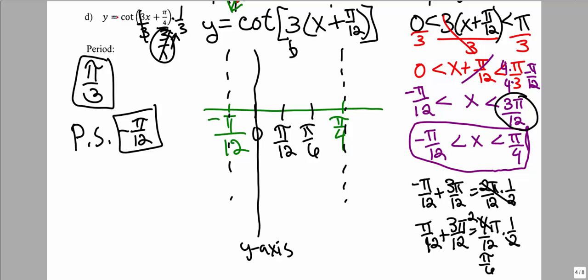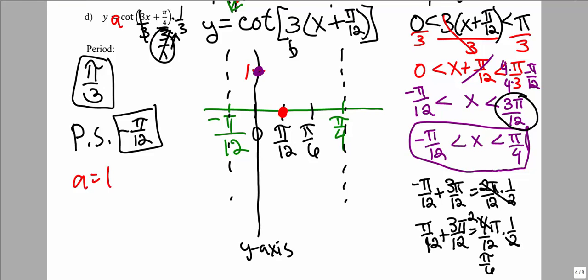Now the vertical stretch comes from what we multiplied times the front of the function, the a, and it looks like a here is equal to 1. So for cotangent, we're going to start at the middle. So here's the middle of my graph. And then we're going to go up and to the left 1 unit. So here we are.